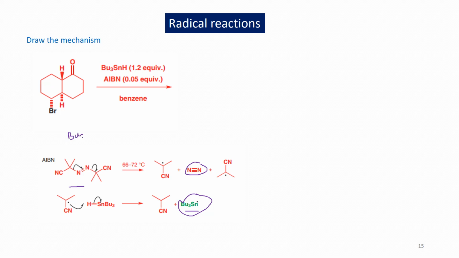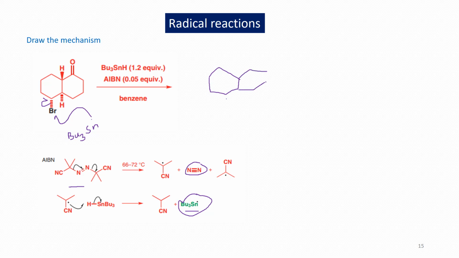This tin radical has a high affinity to attract this halogen moiety and forms this type of radical in the system.